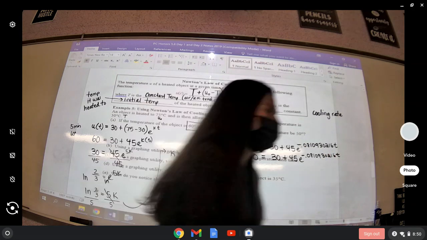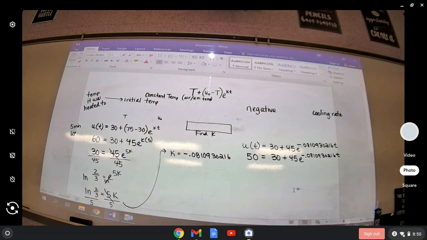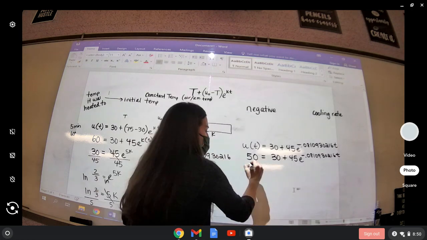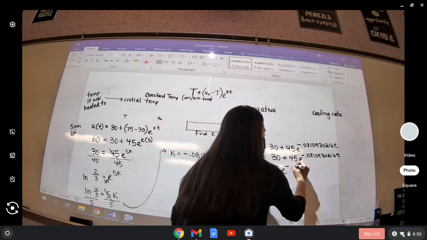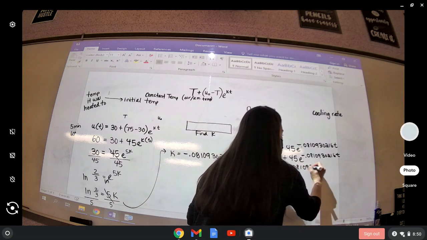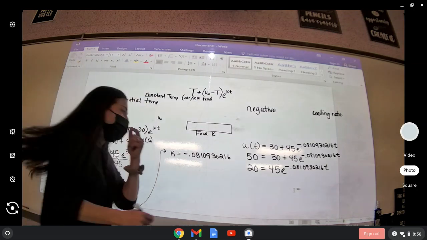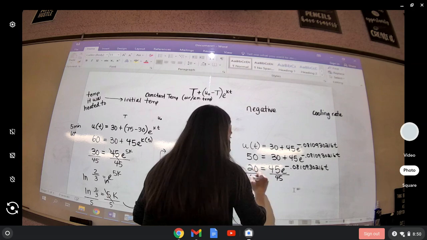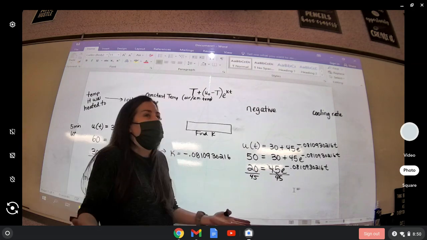All right, I'm solving this for T. Let me just get my board clear so you can see what I'm writing. All right, I'm gonna minus my 30. I'm not erasing anything yet. Minusing 30, I get 20 equals 45 times e to the negative 0.0810930216T. Divide the 45 away, get the base of your exponential alone. They both divide by 5, so 4/9. It doesn't even matter if you reduce it.